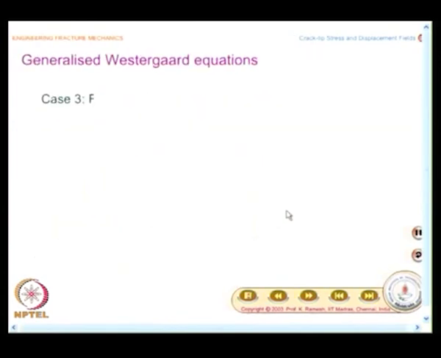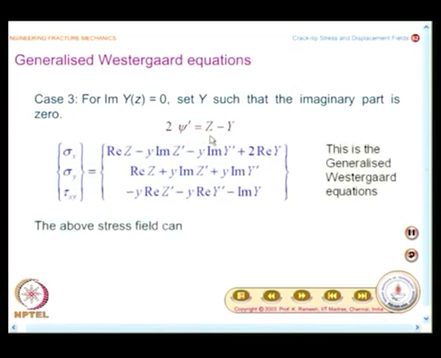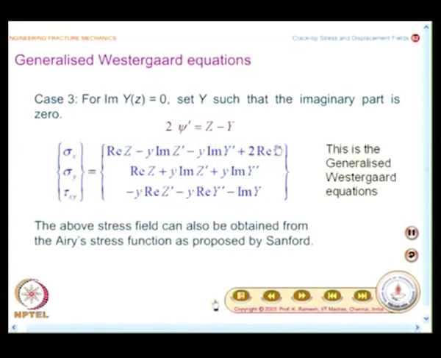And finally, what Sanford pointed out was, you have to ensure only the imaginary part of capital Y is 0. If you set 2 xi prime equal to capital Z minus capital Y, you find the most general form of Westergaard equations, and this also models variation of fringe orders along the crack axis.